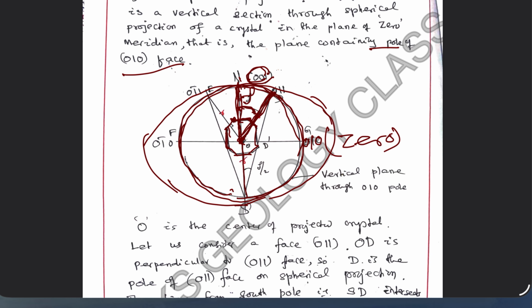This is the face, this is the perpendicular, and this line is the zero line. This is the rho. We have taken the vertical section through this spherical projection and the southernmost end. This is the radius, this is the radius, and if this is rho, this will be rho by 2.